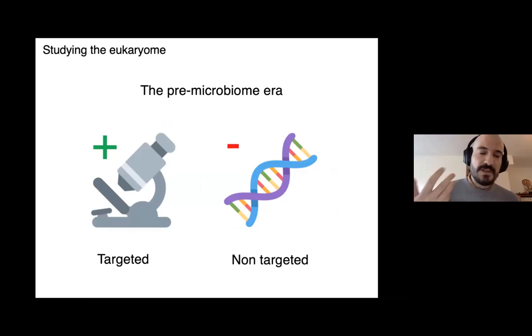And understandably, because we are humans and because we care about ourselves, our animals and our crops, we had a strong interest to study parasites because they harm us. So we targeted parasites. And at some point we had interest because some of those parasites were not parasites, but they were beneficial for the host.